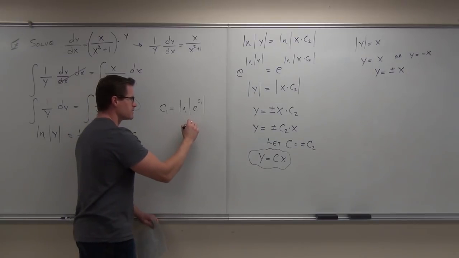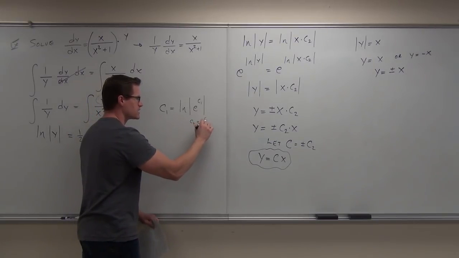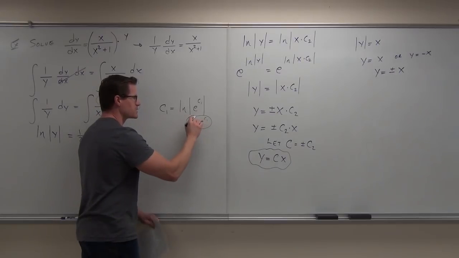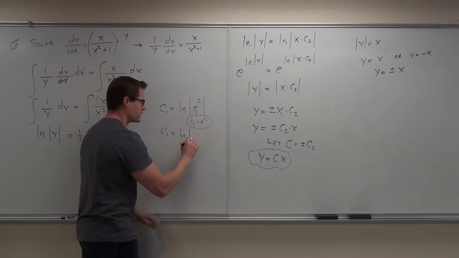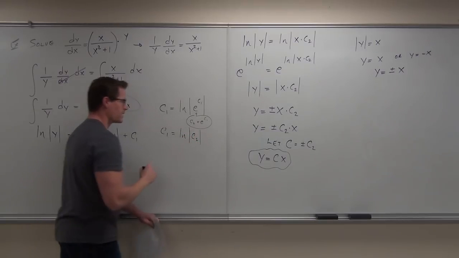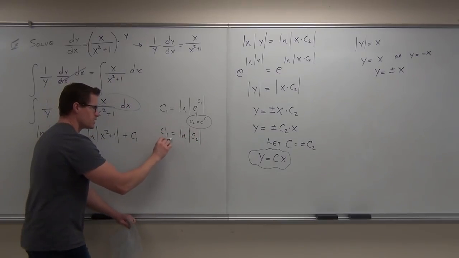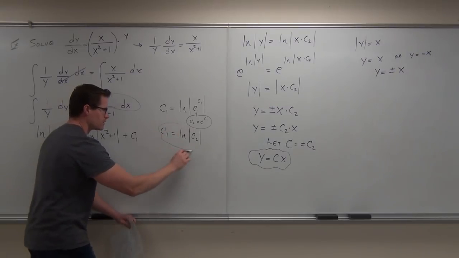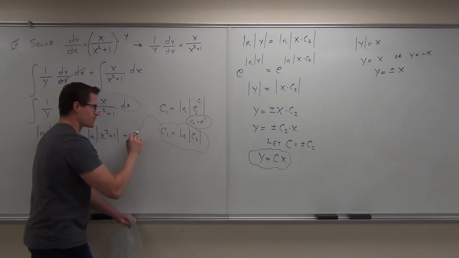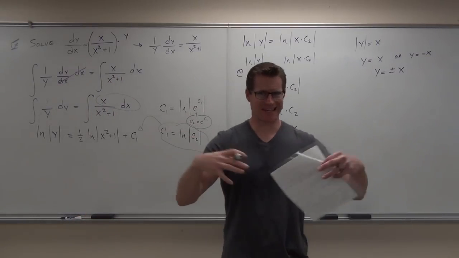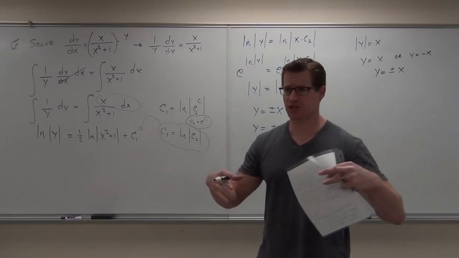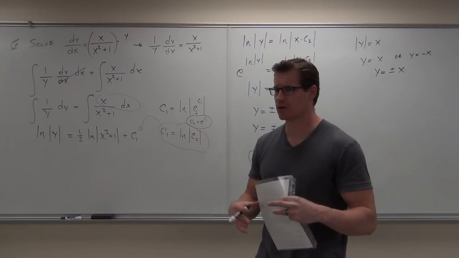If you let c sub 2 equal e to the c sub 1, then this piece fits here. C sub 1 equals ln absolute value c sub 2. And this substitution is what we would make for this C1. The only reason we're doing this is so that we can fit our ln's together, so we can make this one expression in terms of an argument of a natural log.